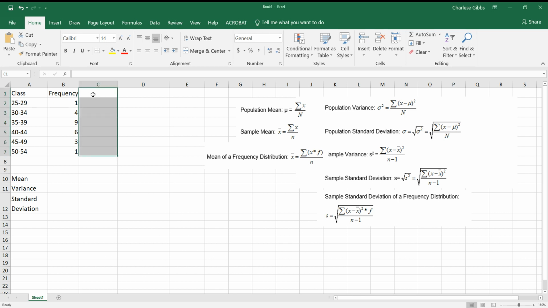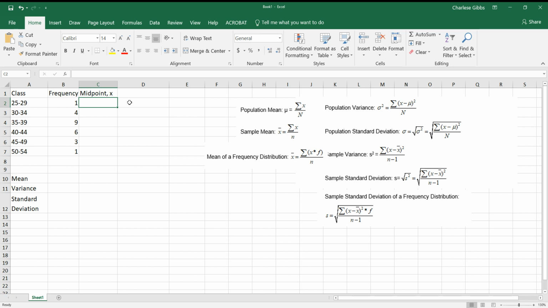We have to bring up a representative, so we're going to find the midpoint and use that as our x, because we can't use 25 minus 29. That's actually a calculation if you put it in Excel. So we're going to make a midpoint to use as a representative of the class.